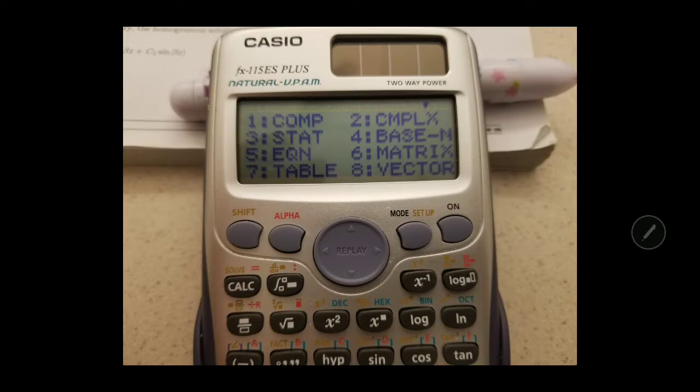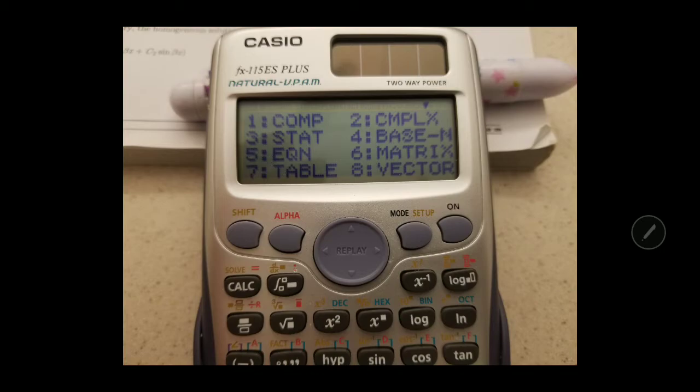So in this particular problem, I'm going to show you how to solve the quadratic equation and other equations you can solve. So what you're going to do, turn on the calculator, you go to mode. Once you click on mode, it gives you all these options from 1 all the way to 8. What we are concerned with for this problem is number 5 for equations.